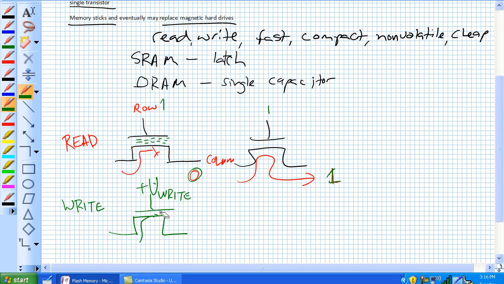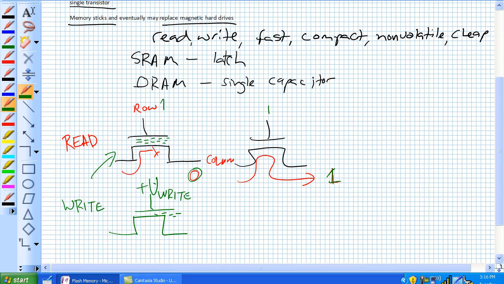So you've attracted electrons there, and once you've written that 0 in there, you can read it as that.